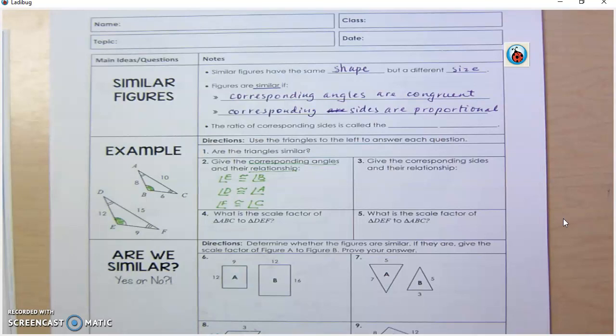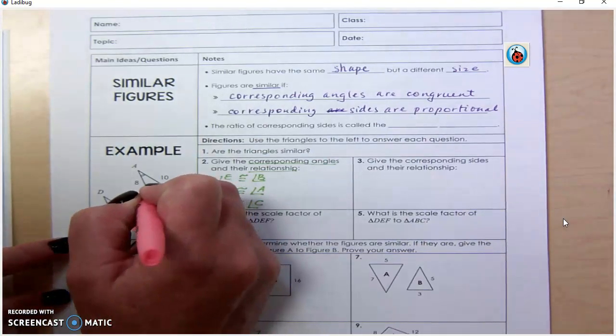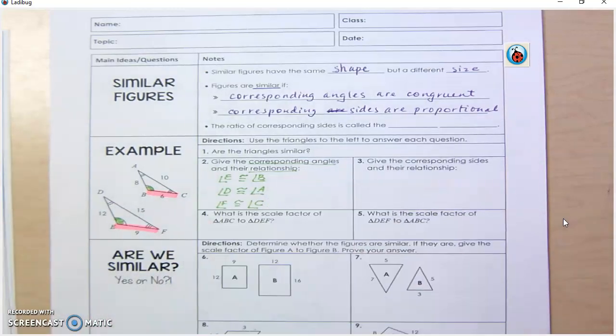Now we're going to take a look at our corresponding sides. So again, just like with angles, the sides that are called corresponding are in the same position but different location. So the sides that we're going to be talking about and analyzing, for example, these two sides, and I am wanting to use a bright set of colors to show you guys the similarities and the differences.